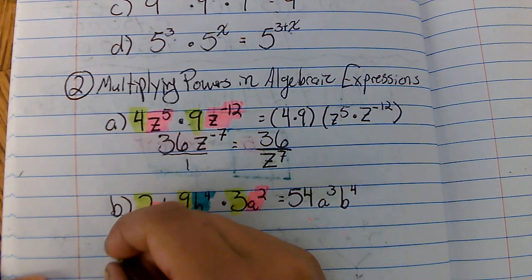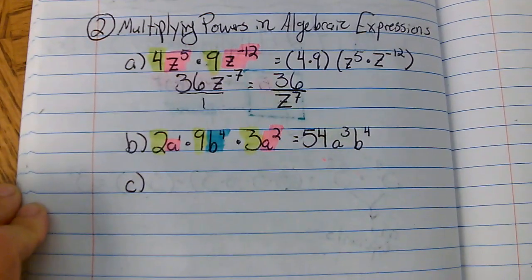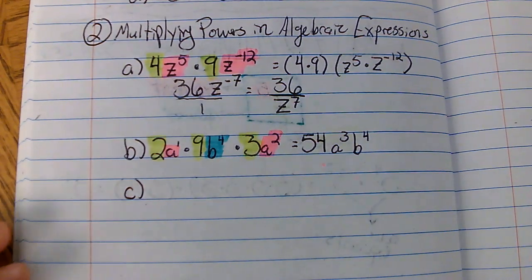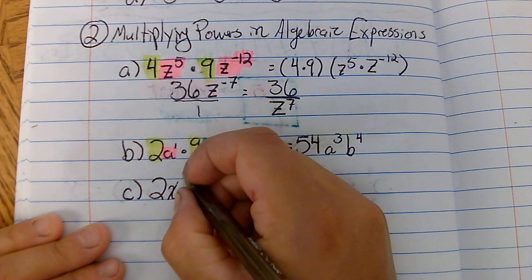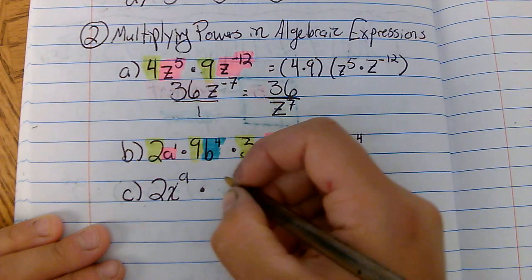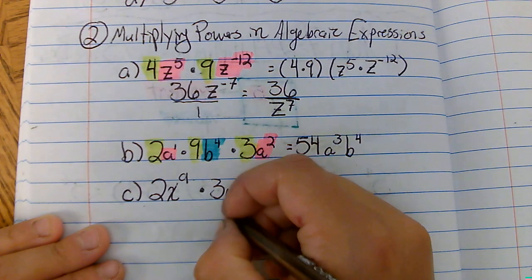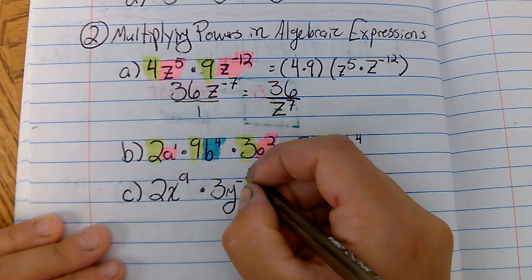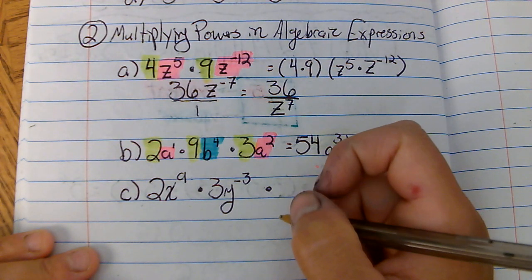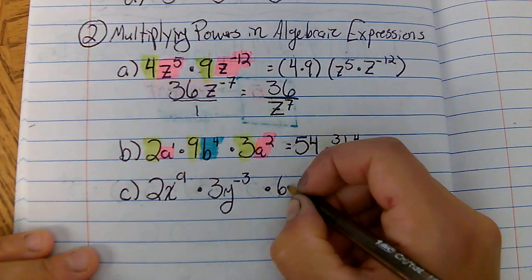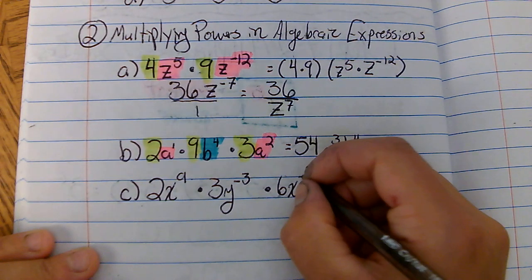Let's try one more. I'll put it right here. Let's do 2x to the 9th times 3y to the negative 3 times 6x to the negative 10.